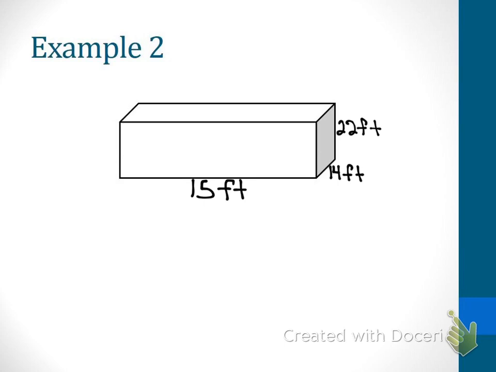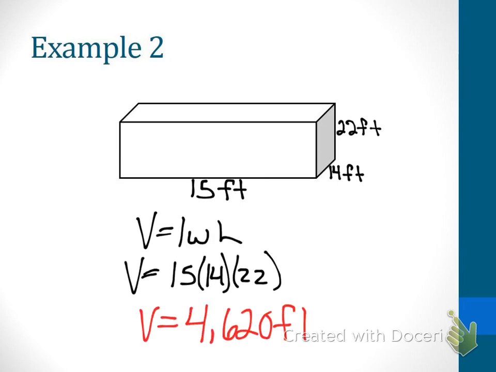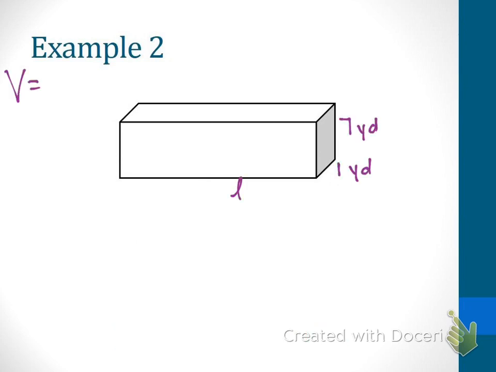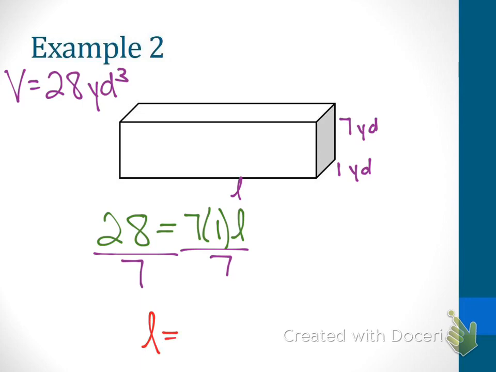Length times width times height. And 4,620 feet cubed. That's volume, but what if you didn't know the length and you were given the volume? Go ahead and solve that. Okay, so 28 equals 7 times 1 times L, so I just divide by 7 and I get 4.